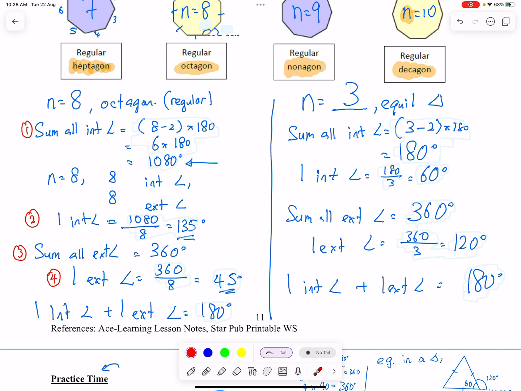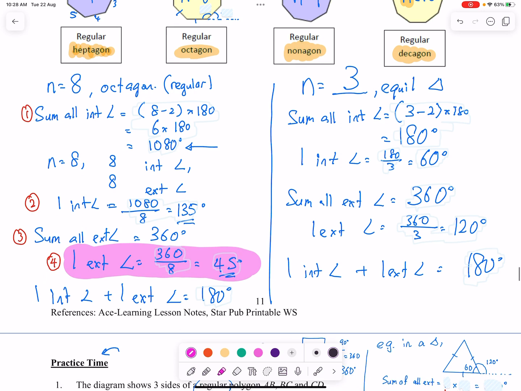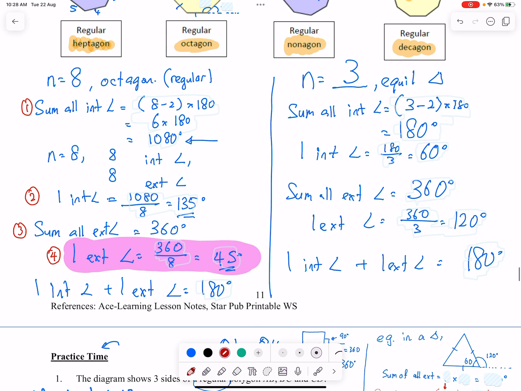Now, I want you to bring your attention to this highlighted one. Let me just highlight it for you to see. One exterior angle is 45, right? So I have a question, and I also want you to write it down in your notes. From this extension, how many exterior angles do I have in an octagon?